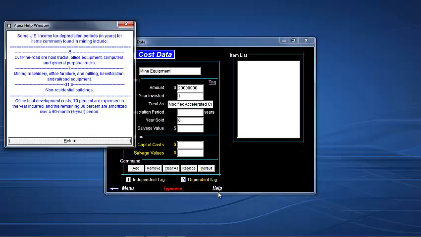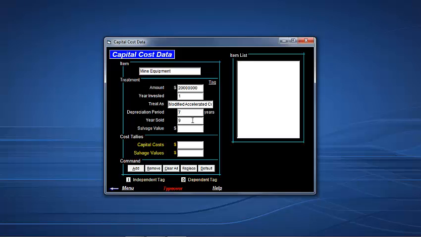Again, the help screen will give us some information as to depreciation periods. Mining machinery has a 7-year depreciation period, which we'll enter. And then we'll add that to our analysis.